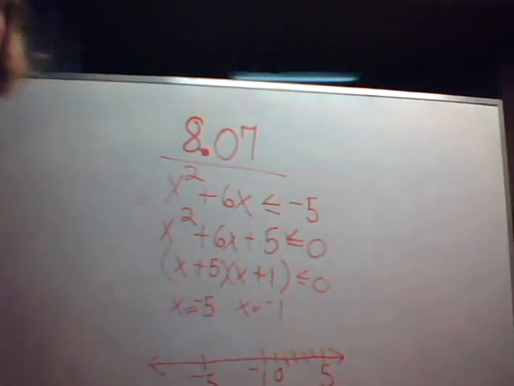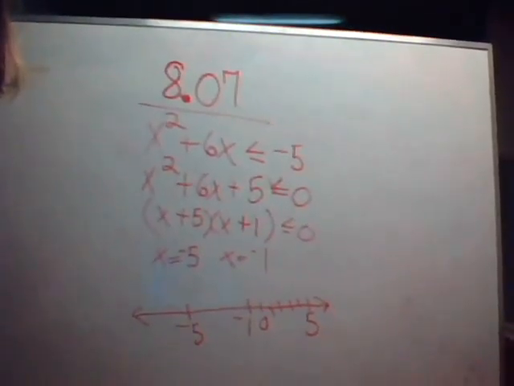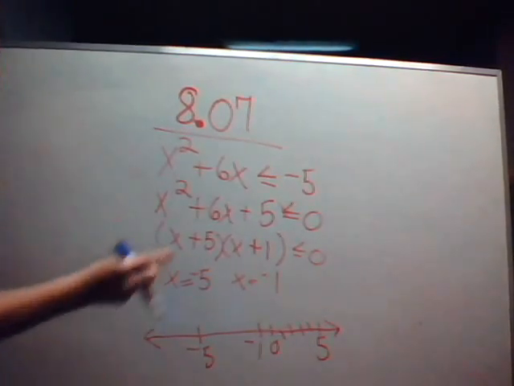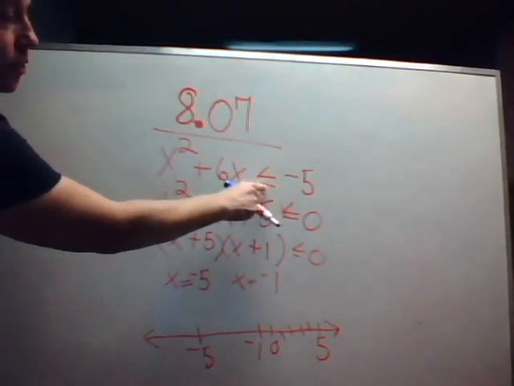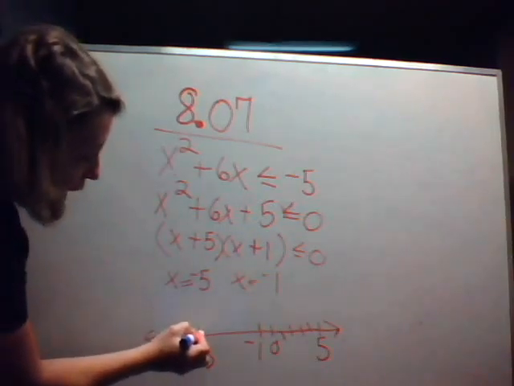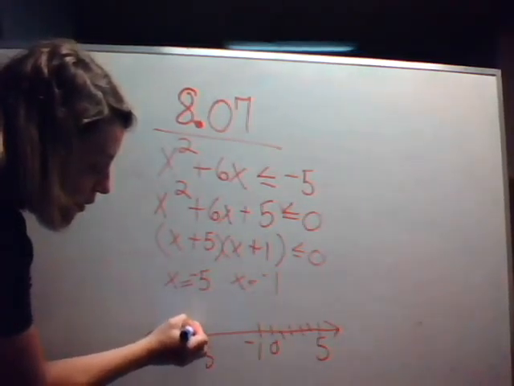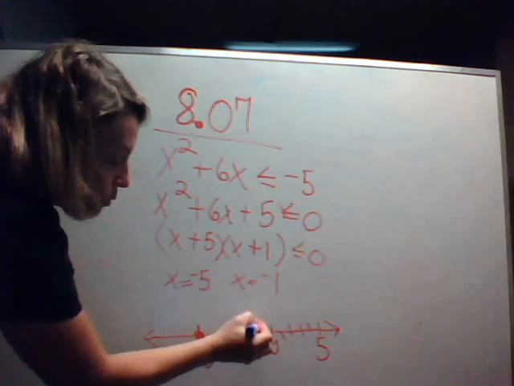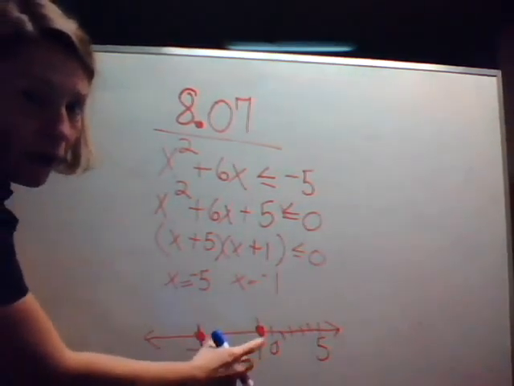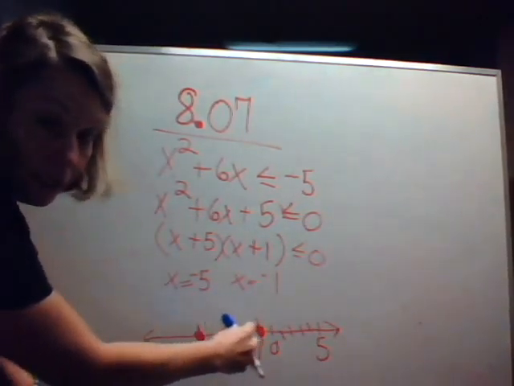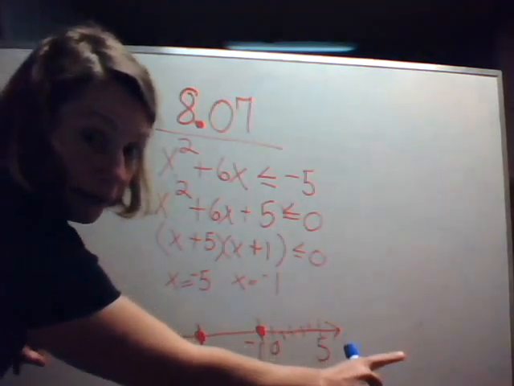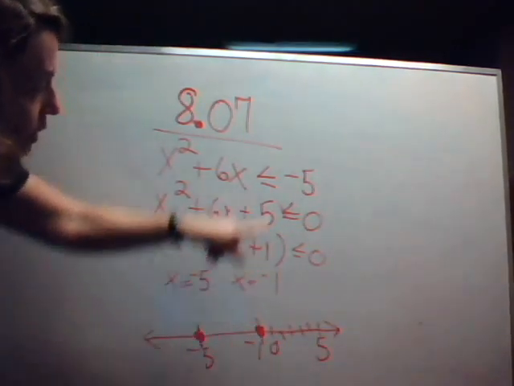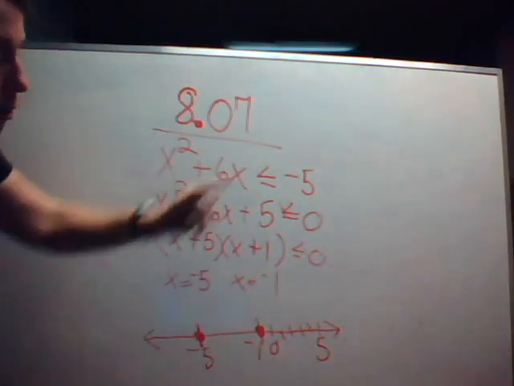So you give yourself a number line. Now I've got some regions. I know that this is less than or equal to. So that means I'm including these roots in my solution, whether I shade between or away. I know I'm including these points because it's less than or equal to.